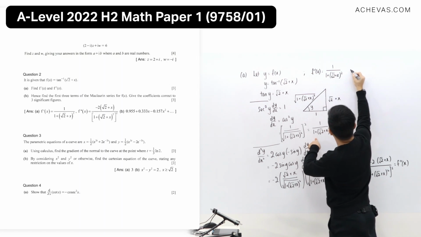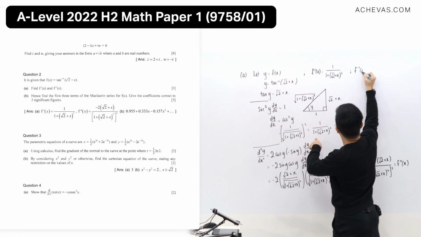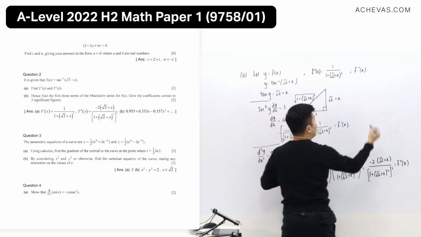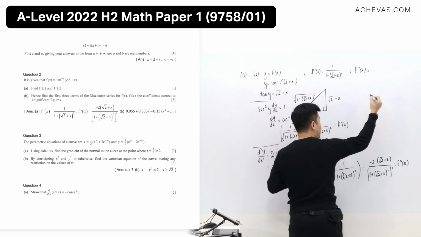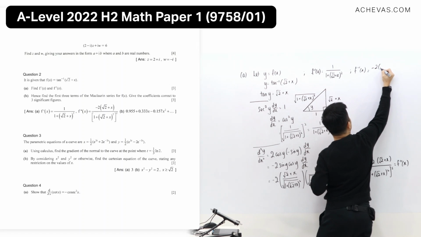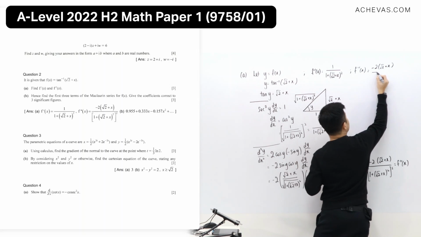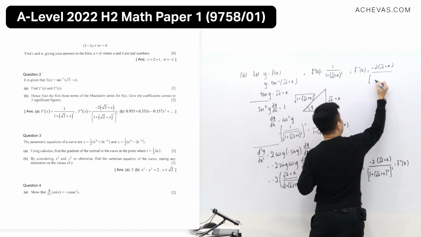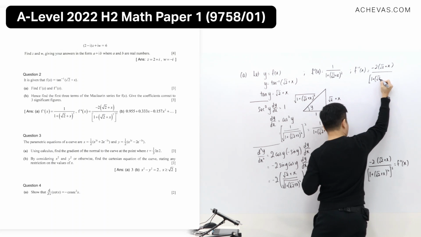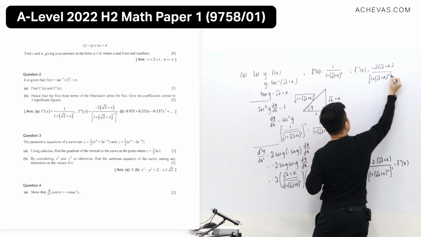And f prime prime x, we've just found out, is equal to negative 2 square root of 2 plus x, divided by 1 plus square root of 2 plus x squared.